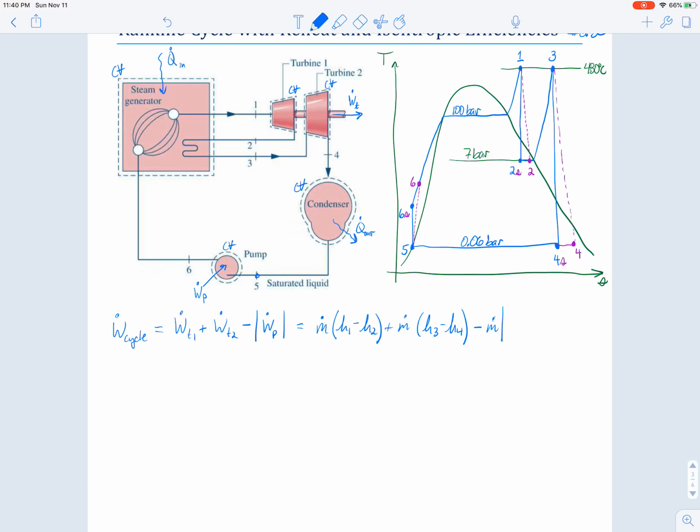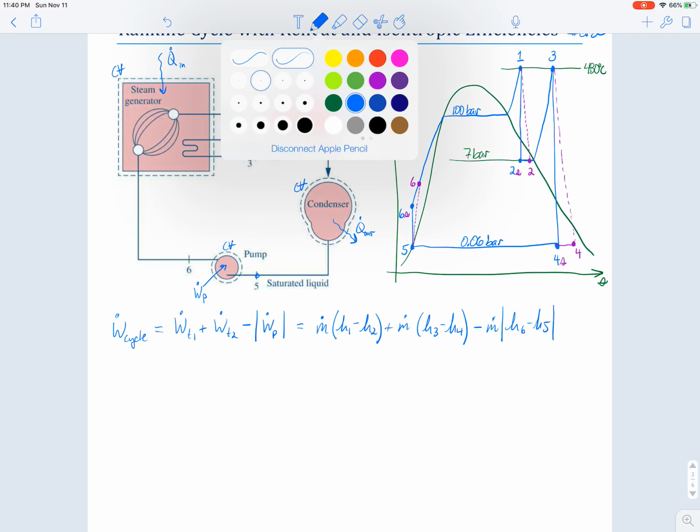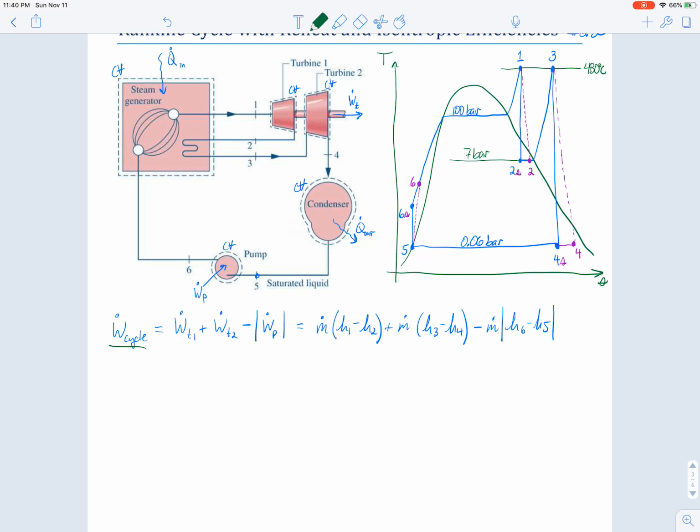And then here's the power needed to drive the pump. I have to subtract that off. Okay, at this point, I don't really need to know the mass flow rate. I can divide, since it's the same mass flow rate everywhere.